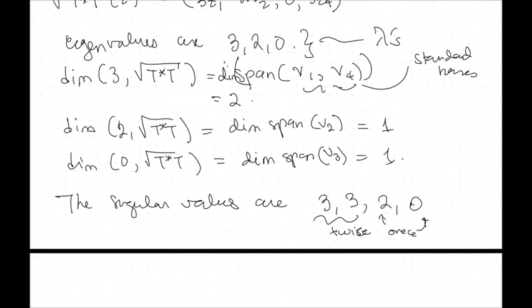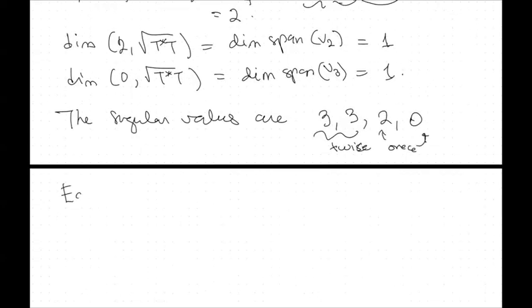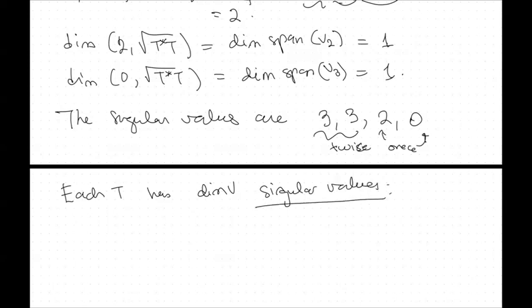Now let's go to the theorem. Each linear operator T has dimension V singular values. This is shown above: we have 4 singular values.